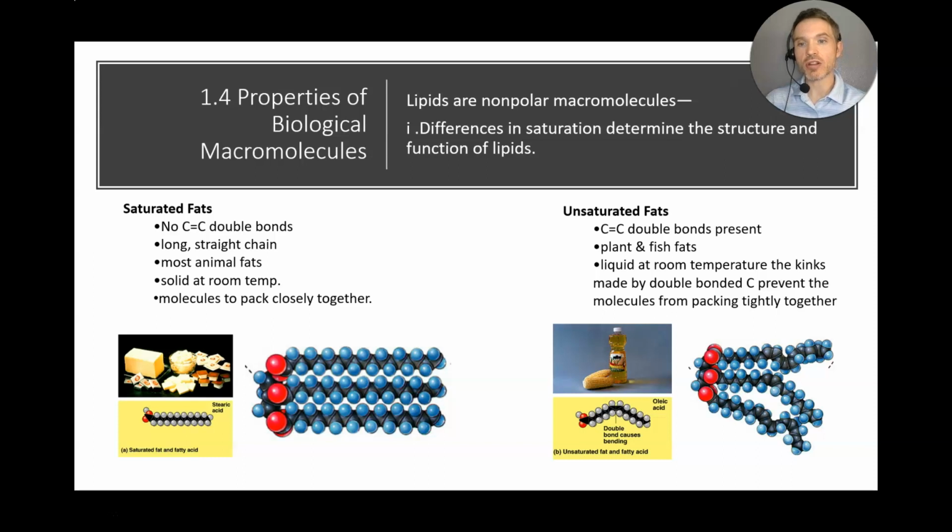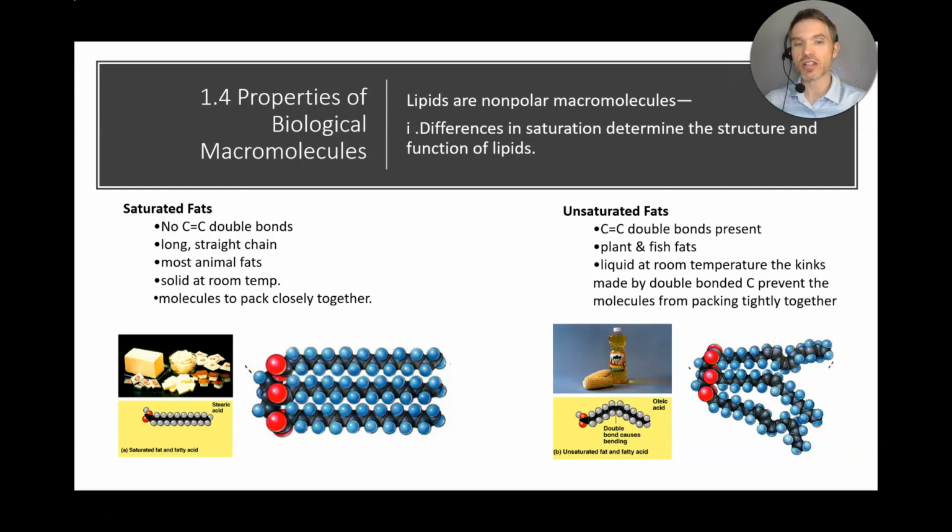The reason why they're a liquid at room temperature is that in the model there, you'll notice that the fat molecules do not form that nice box-like shape. Instead, the double bond prevents the molecules from packing closely together, because one or more of the fatty acid chains have a kink in them.